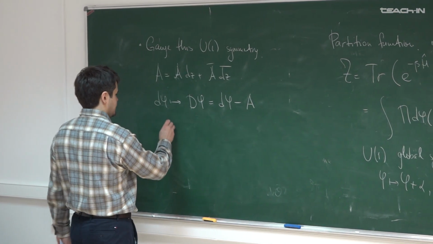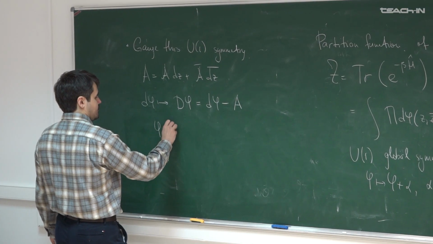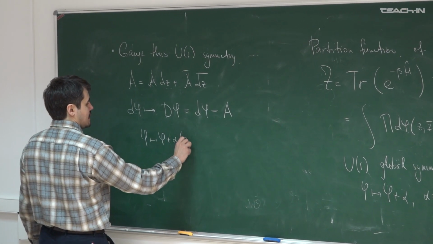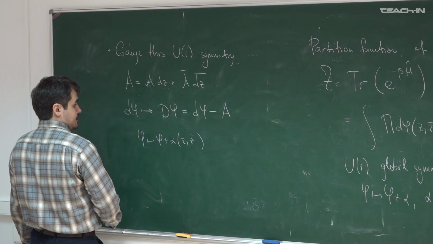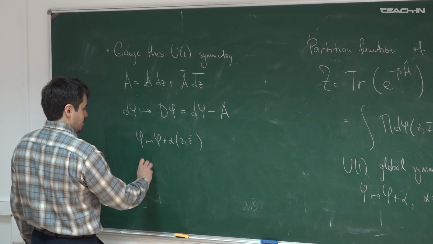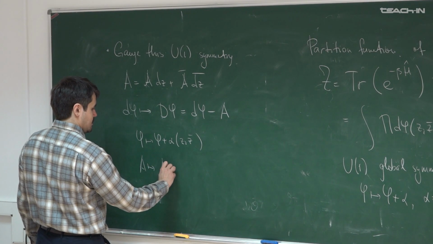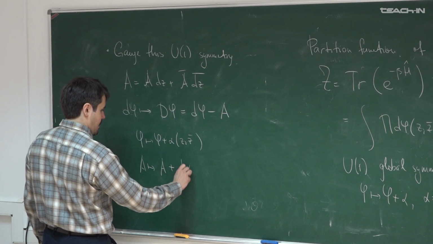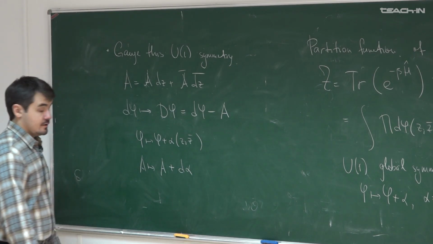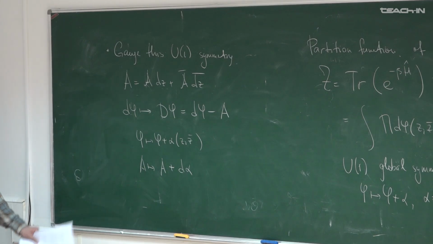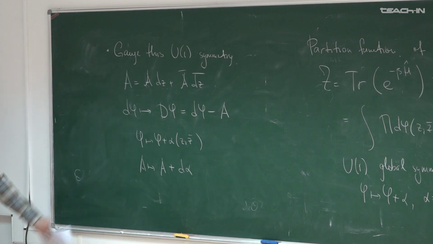So phi goes to phi plus alpha of z, z bar, and A goes to A plus d alpha, right? So in particular, we could just kill the phi field by doing this z-dependent shift.